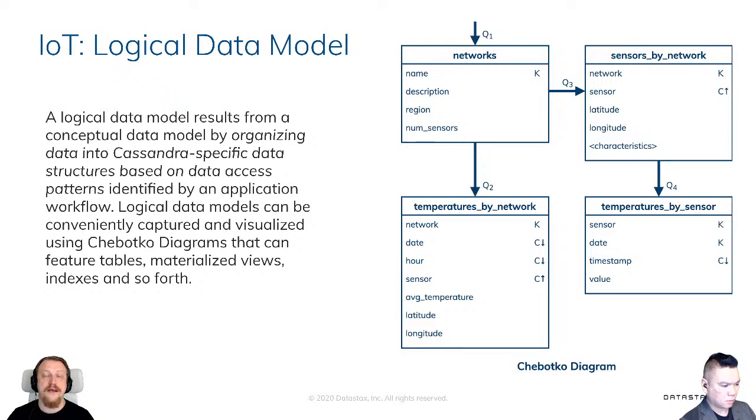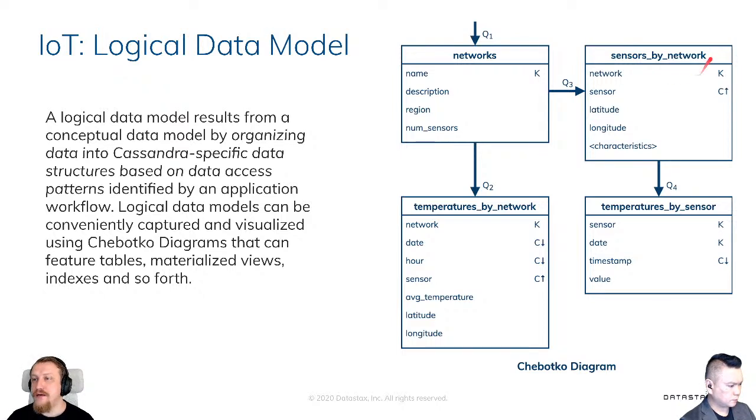Cassandra is ready and elastically scalable to handle basically every amount of data. And therefore, we don't want to count the values we are going to show. So when we add a sensor into the network, we have to increase this, and when we remove a sensor from the network, we have to decrease it, and it has to be done at the application layer. But it's also important so you always know how many sensors you have per network.